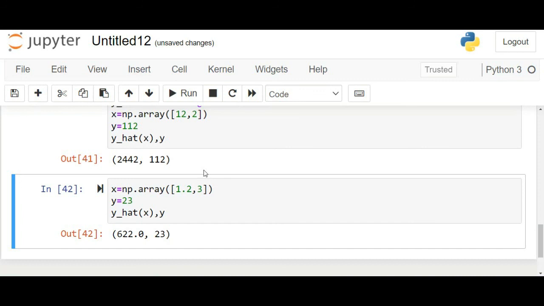Okay, so this is our vector x, this is the value of y, and we want to find y hat of x. So y hat of x means that we want to find the value for x comma y, and this value is of course given just like this.